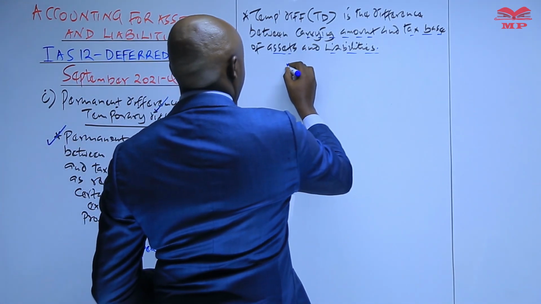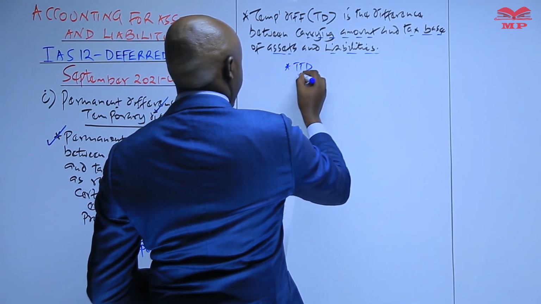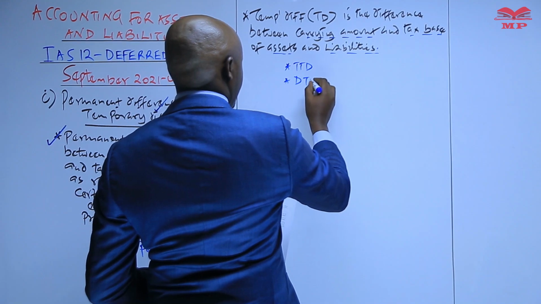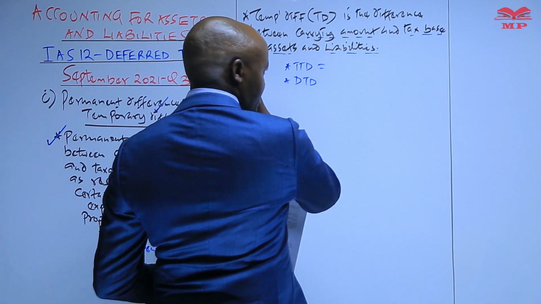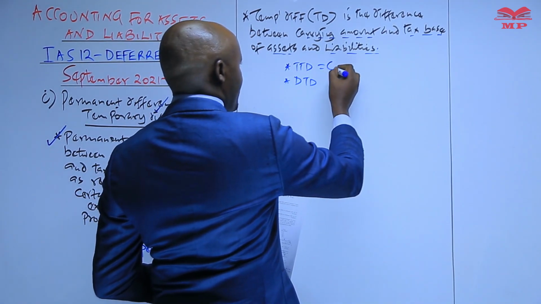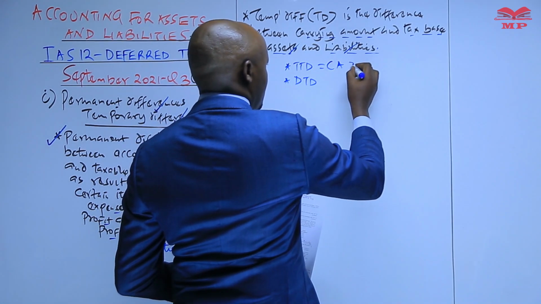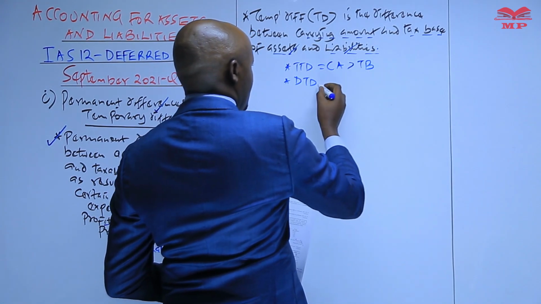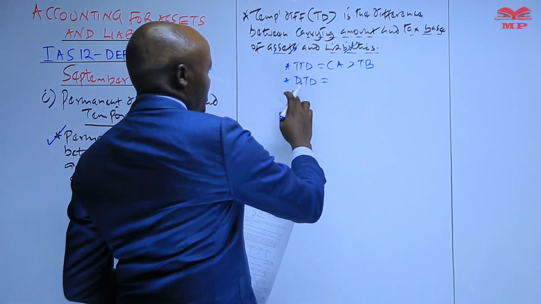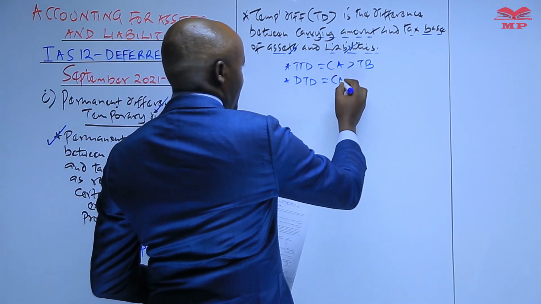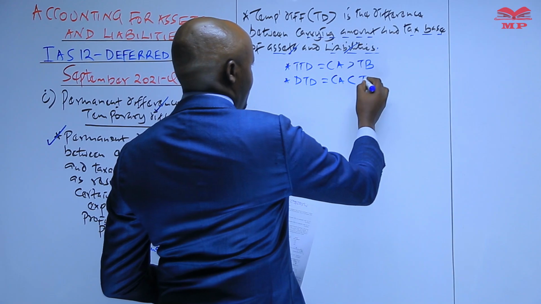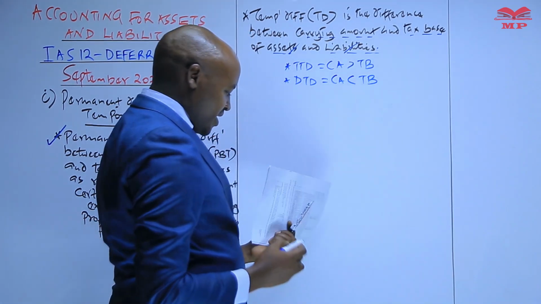First of all, we have the taxable temporary difference and the deductible temporary difference. Taxable temporary differences arise where the carrying amount of various items of assets and liabilities is more than the tax base, but a temporary difference will be deductible if the carrying amount is less than the tax base.